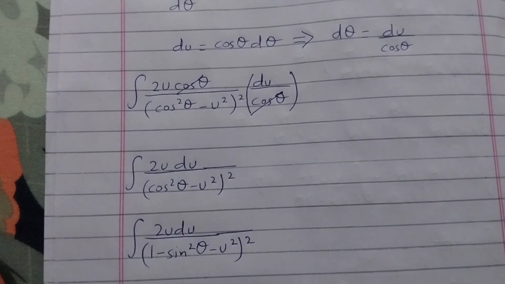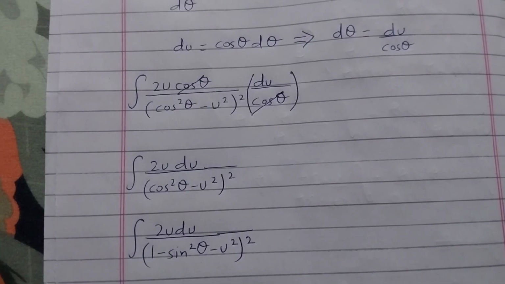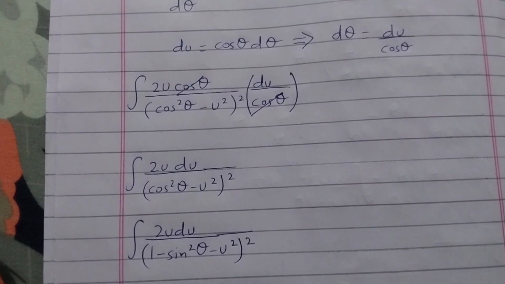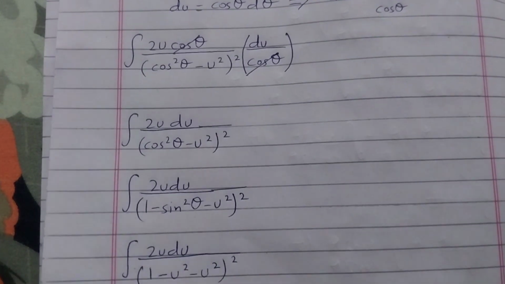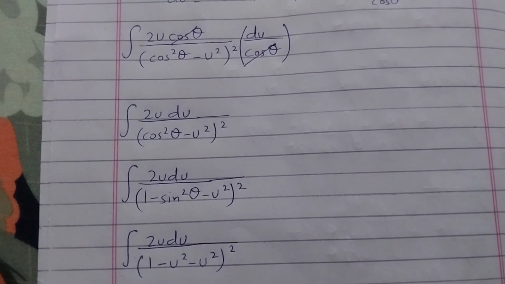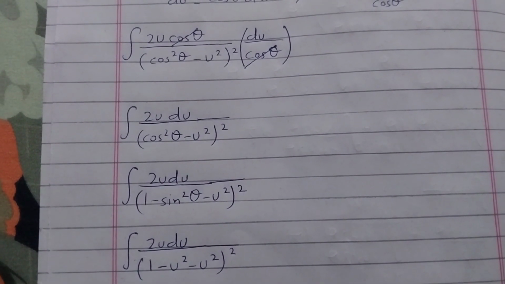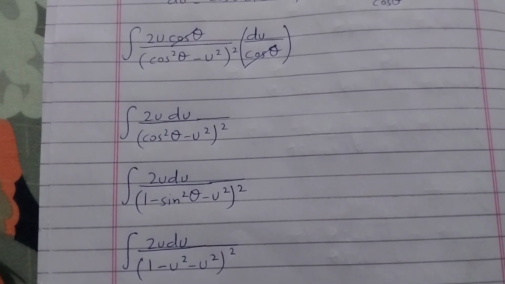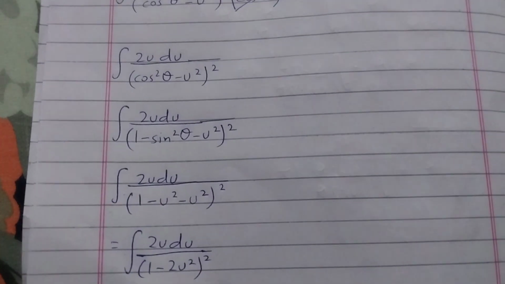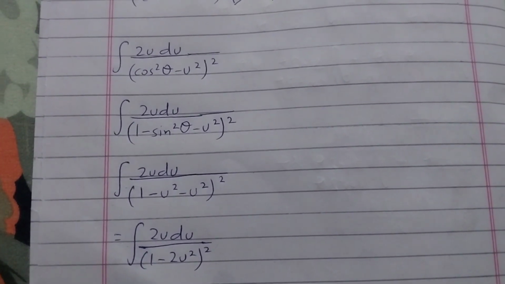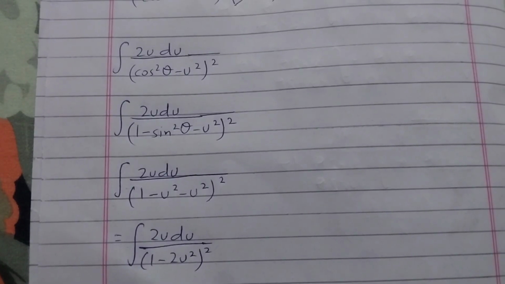So 2u du over 1 minus sine square theta minus u square whole squared. So sine square theta is simply u squared. So this will become 2u du over 1 minus u squared whole squared. So the final expression will be 2u du over 1 minus 2u square whole squared.